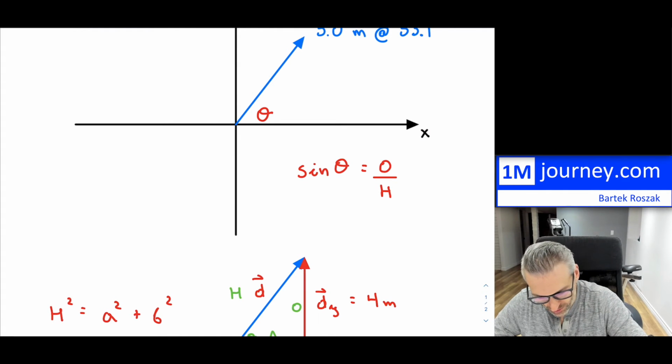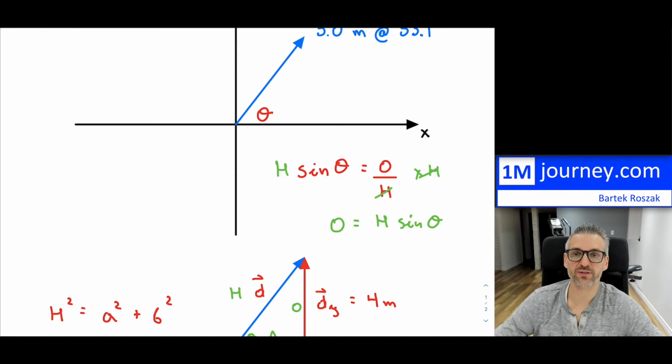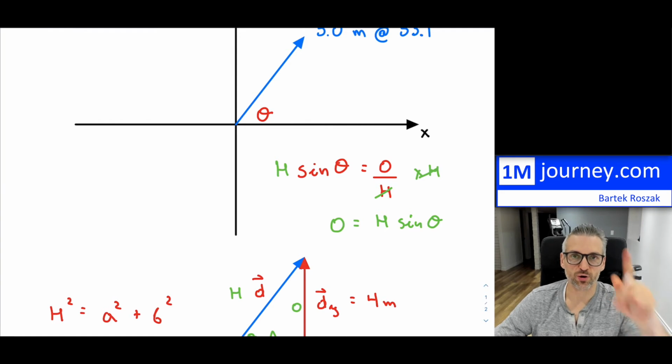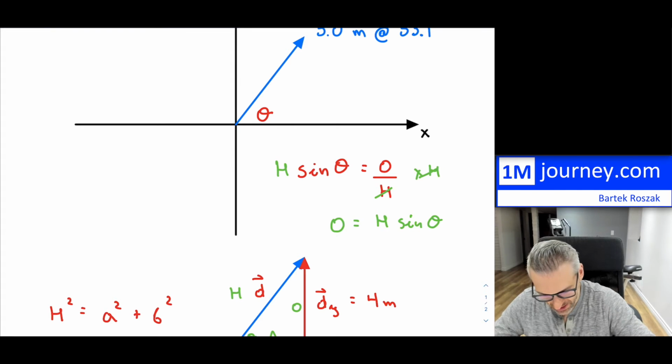But notice now, when you multiply both sides by h, you're going to find that the opposite is equal to your hypotenuse multiplied by the sine of the angle. That's what you have. And notice that that opposite is your y component.